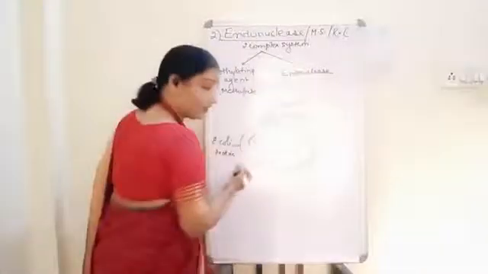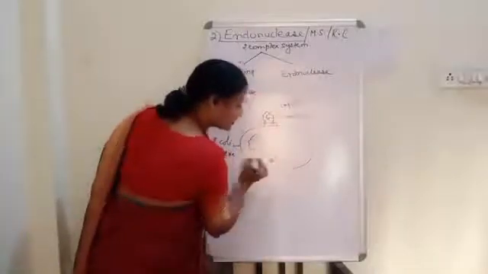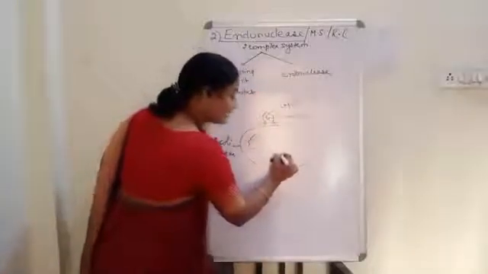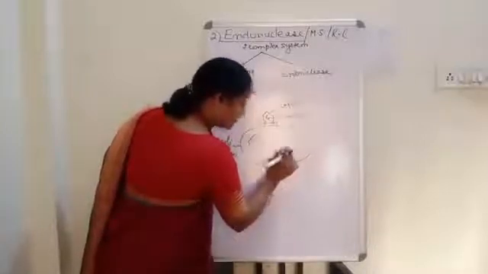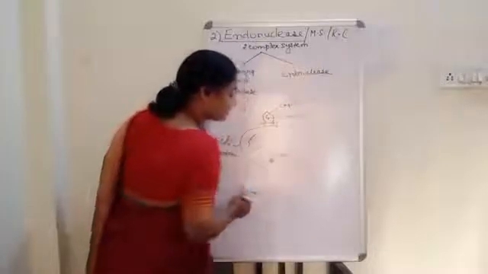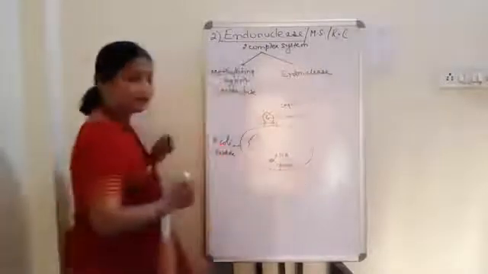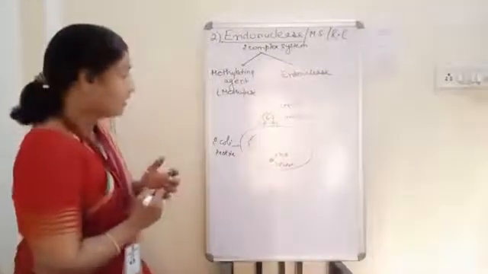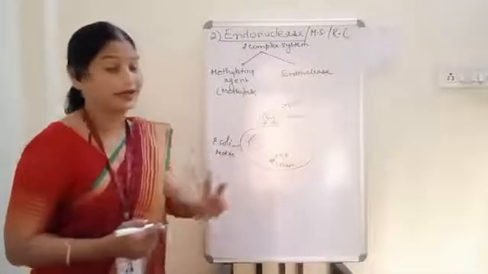And definitely if it is an endonuclease, it will be made up of two systems. One is the methylating agent, and another is its endonuclease. Clear? Now, the function of the endonuclease is to cut the DNA.